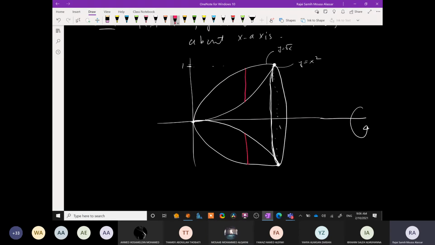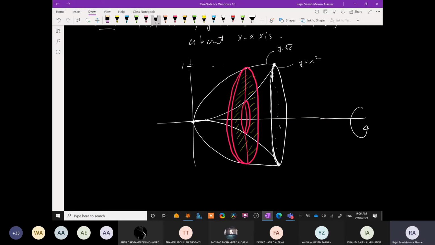Let's look at the rotation. This point is going to rotate as such, and this is going to rotate as such. You see that? Okay, so now we have this volume that we really want to calculate.